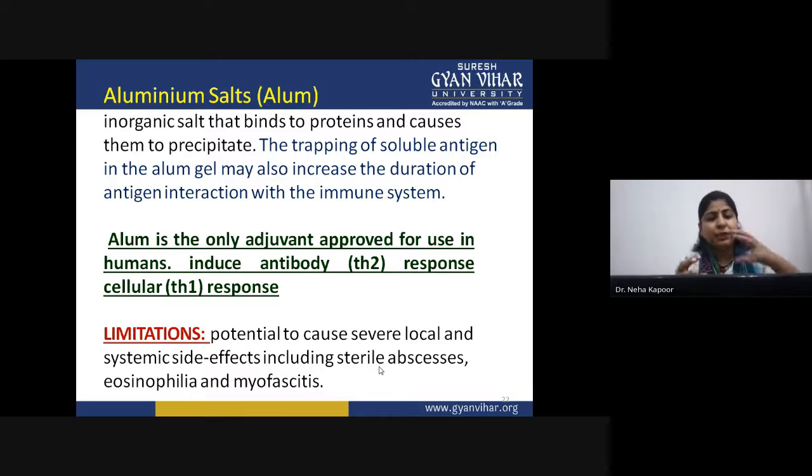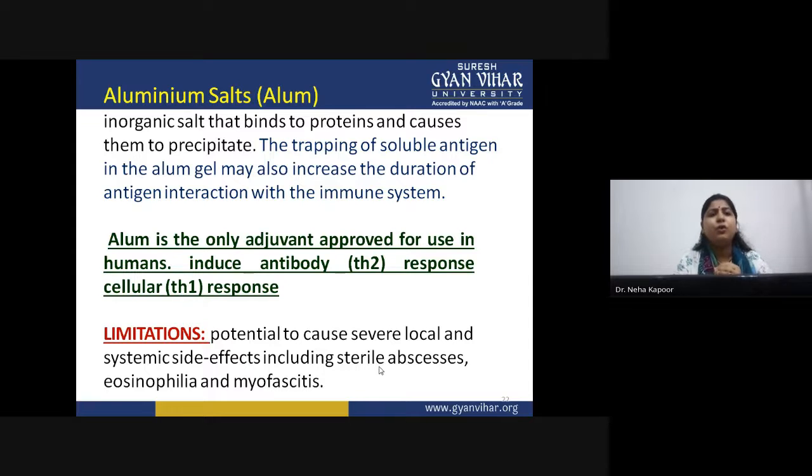Once they bind to a protein and bring about its precipitation, when we use these preparations in vaccines, we take a soluble antigen or antigenic preparation and trap that antigen inside the alum gel. Once the soluble antigen is trapped inside the alum gel, they increase the duration of antigen interaction with the immune system because they can control the release of antigen inside the body. Because of the slow release of the antigen, a strong immune response is mounted.